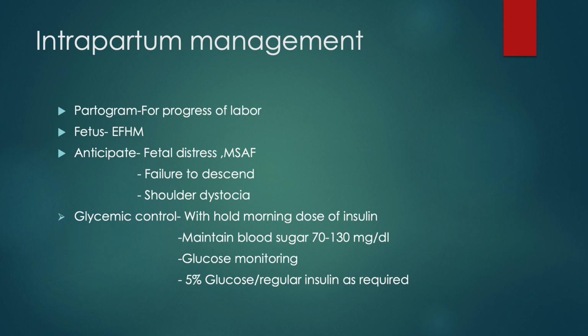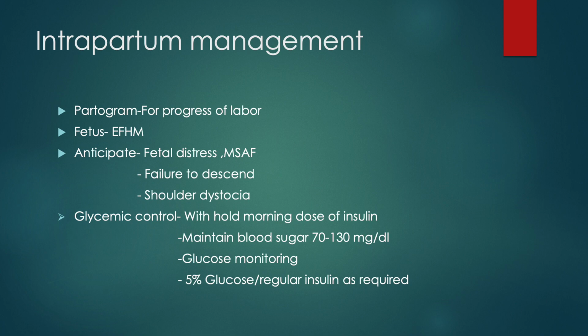Now, how to manage this patient during labor? As in all patients, we have to monitor the progress by a partogram, in which we will record the uterine contractions, descent of the head, and cervical dilatation. Regarding the fetus, even though in the antenatal period there may not be any hypoxia, when the uterine contractions start, there may be chances of hypoxia to the fetus.